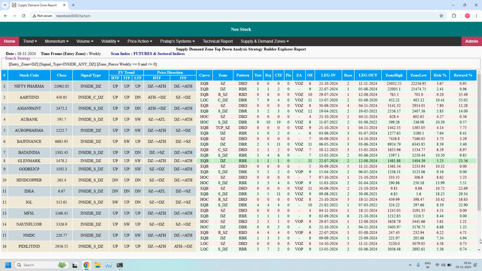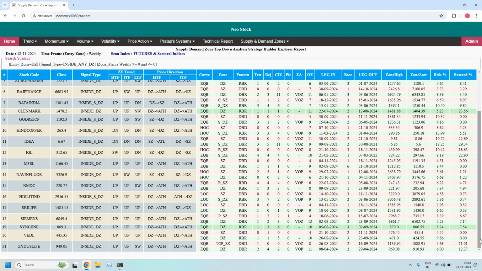These are the first 16 stocks. I am scrolling the list down. So total 21 stocks are filtered where price closed inside the weekly demand zones.